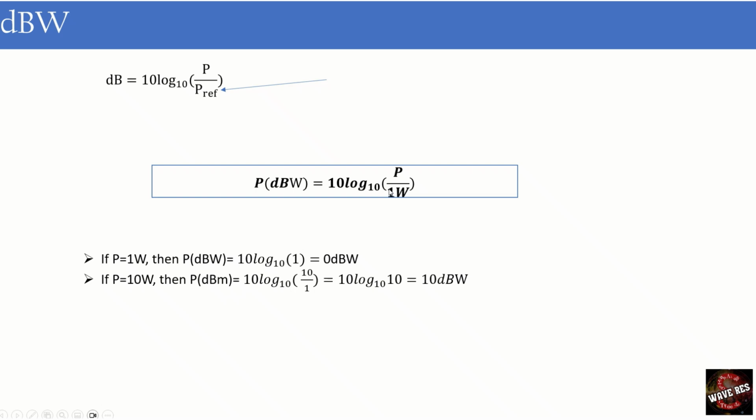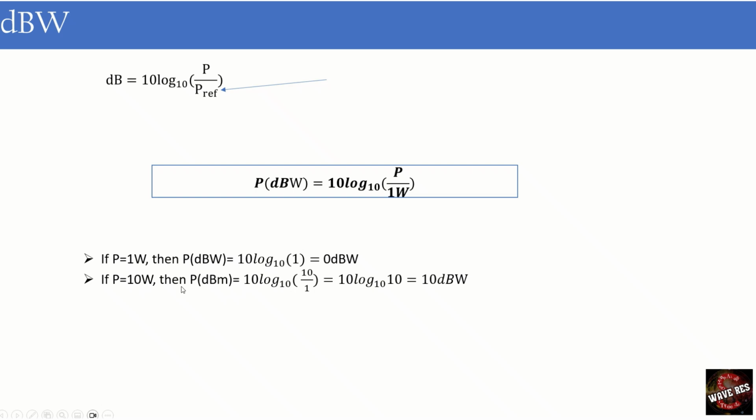So let's see what will happen if we specify some watt for this input power. Let's say P is equal to 1 watt. If we substitute 1 watt, we can see that it will become 1 by 1, and log 1 is equal to 0. So the power in dB will be 0 dB. If it is 10 watt, it will become log 10, log 10 is 1, so that becomes 10.